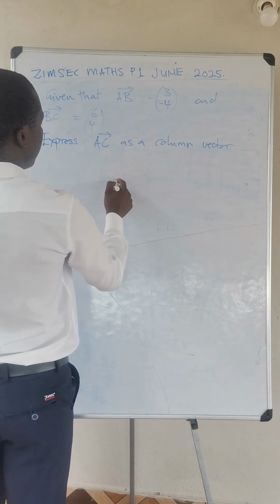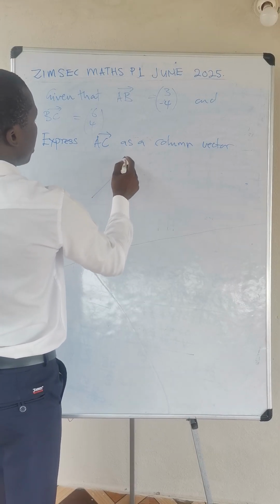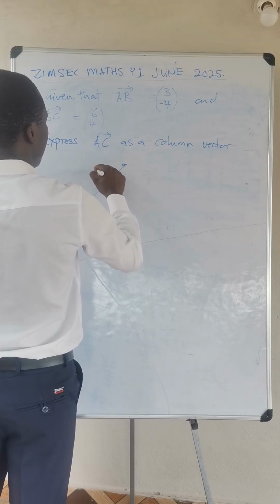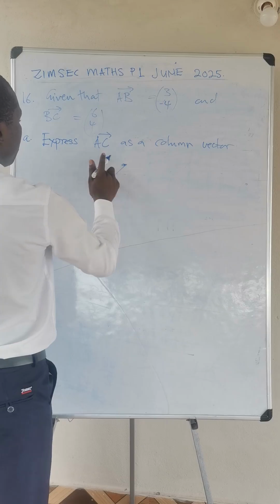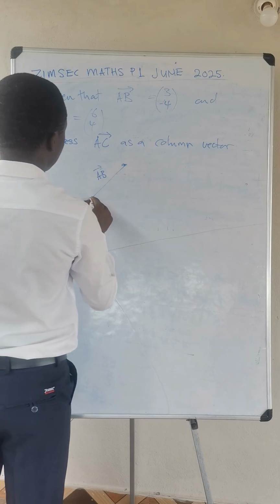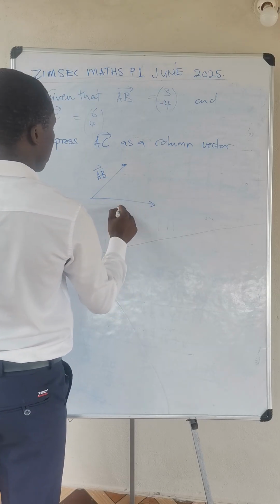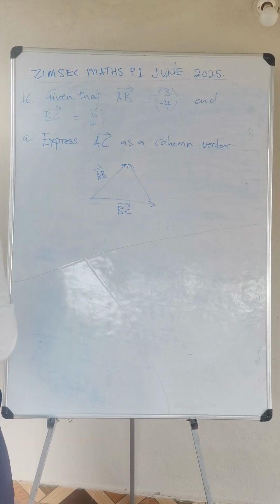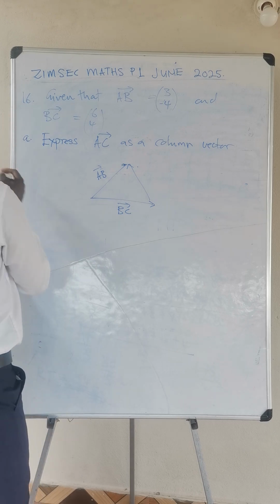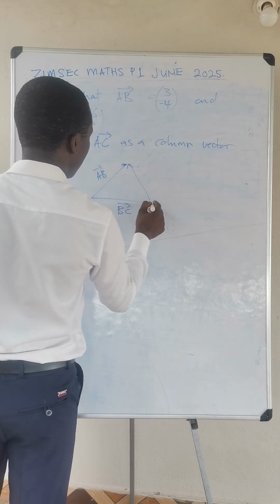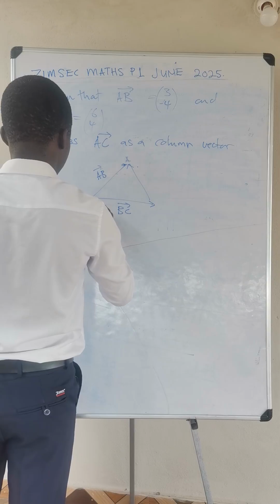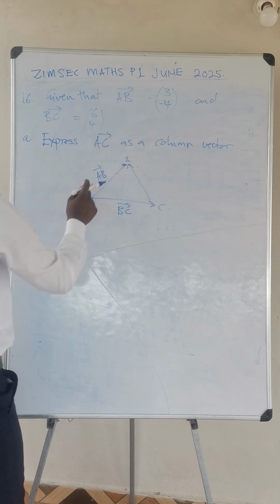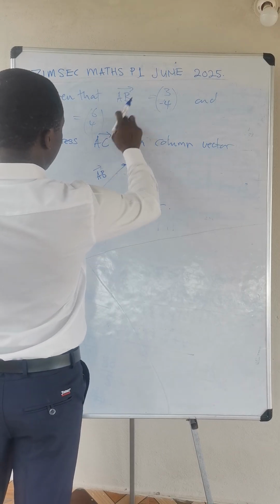Let me show you on the diagram. This is vector AB here. Then this is the vector BC here. Then the vector AC is like this one. So here is A, here is B, here is C. To get the vector AC, we have to add these two vectors.